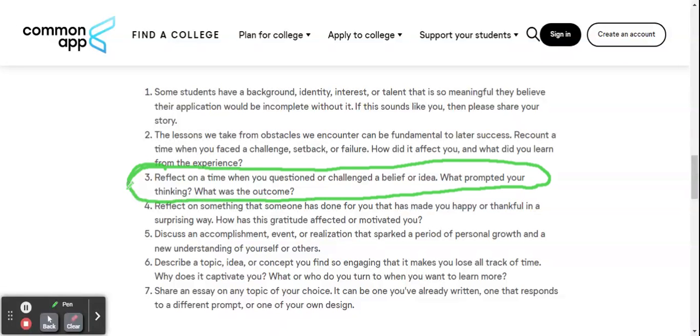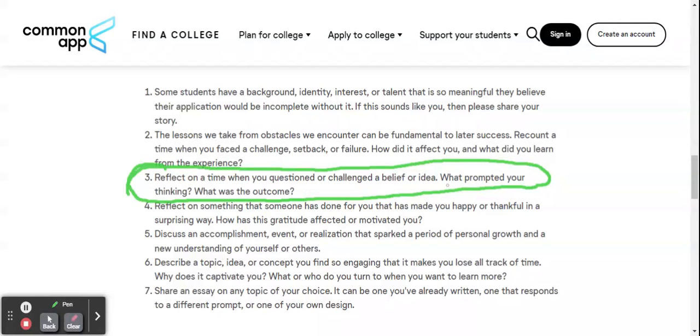But some of you may have had an experience where you have questioned or challenged a belief or an idea. What prompted your thinking? What was the outcome of that thinking? And again, notice how they're putting in these questions at the end, but they're important questions. Please do not think because they're at the end of the prompt that they are not important, because they really are.